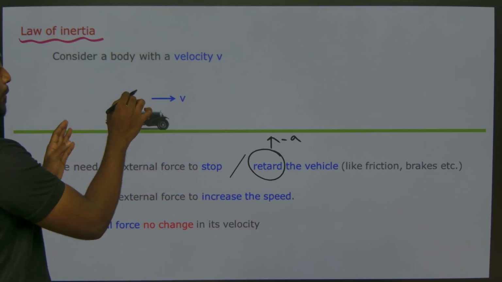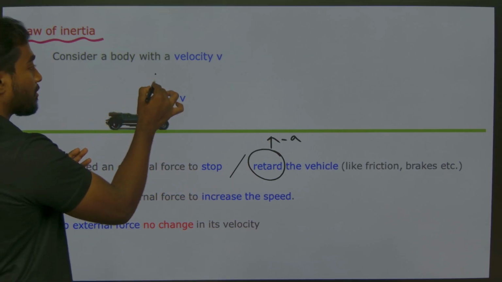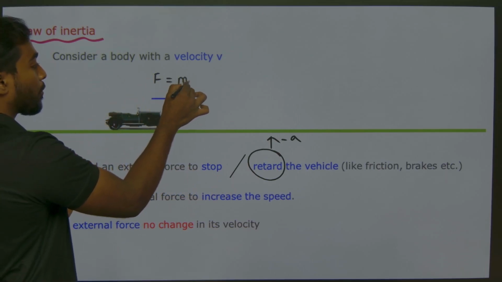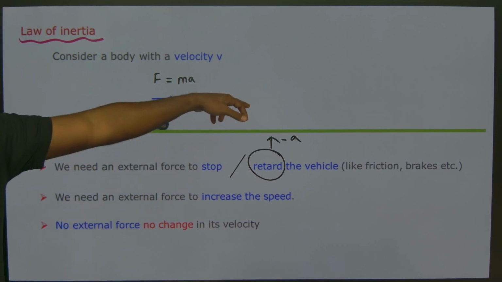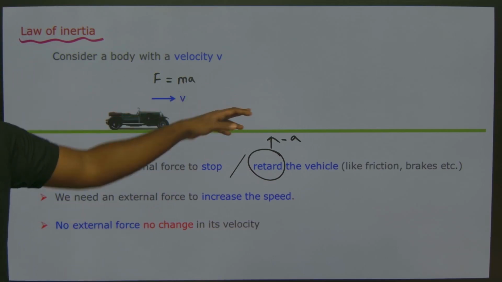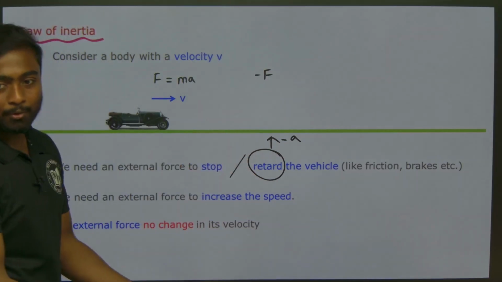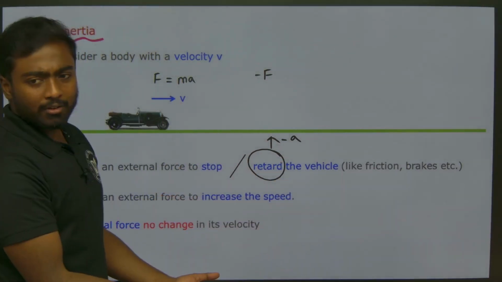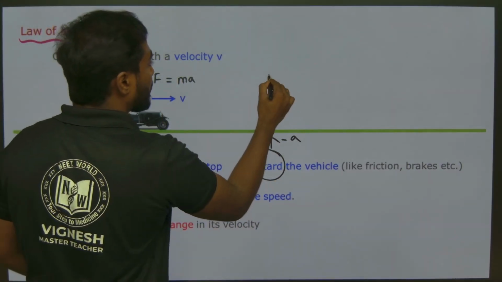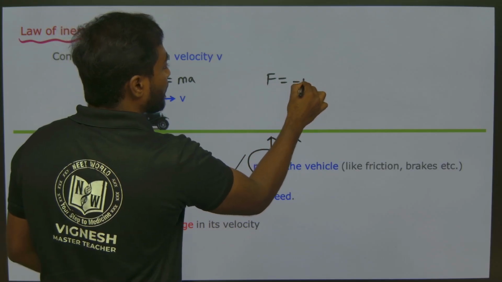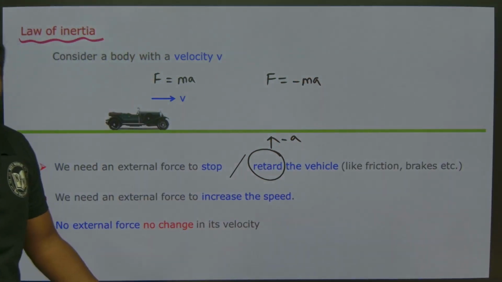Suppose this object is going with F is equal to ma, what force do I need to apply over here to stop? F is equal to minus, equal and opposite, that's what. So F is equal to minus ma, that's it.